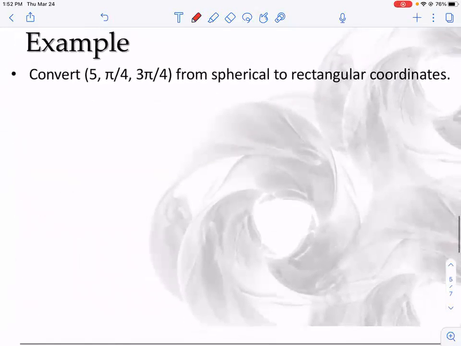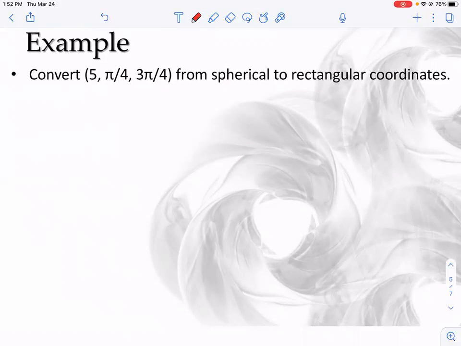All right, we're going to go the other way. We're going to convert spherical to rectangular. I did these ones, I think, except for this one. Or this one.